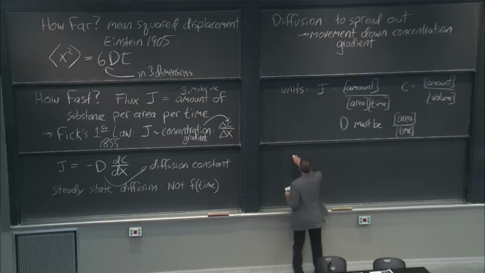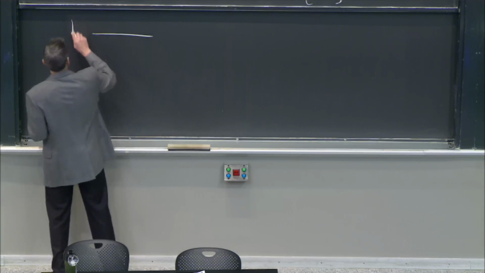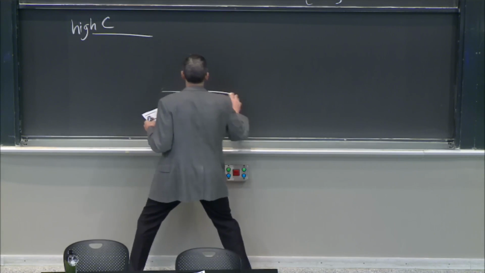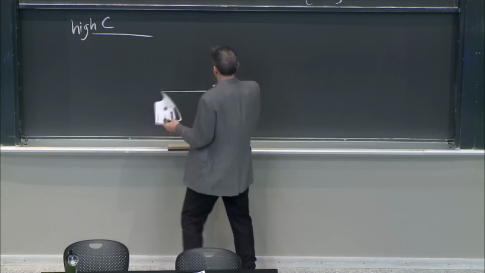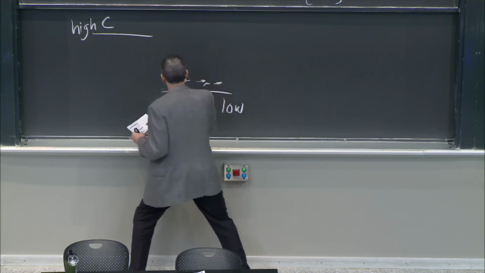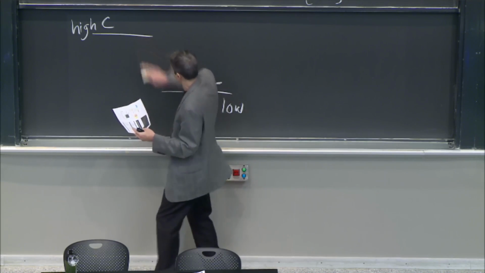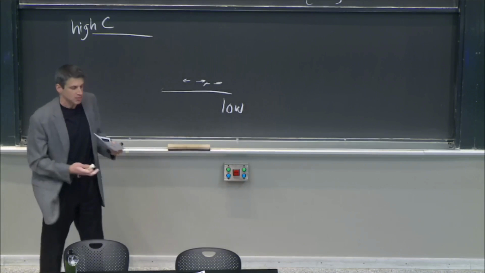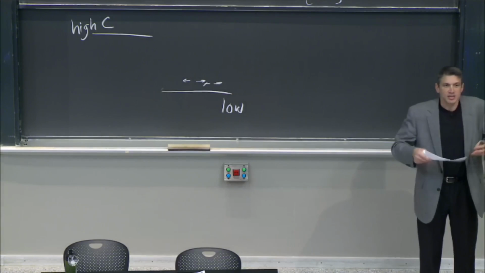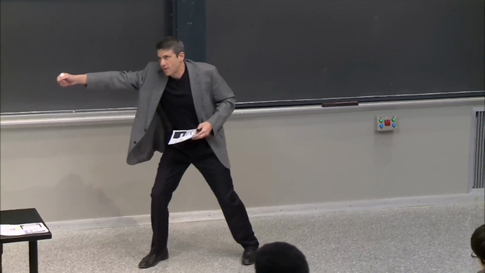You can get that because if you have a high concentration here and a low concentration here, and you've got Brownian motion going on, whatever the containers are, it's got Brownian motion. Because it's random, it's equally likely to go that way as it is to go that way.